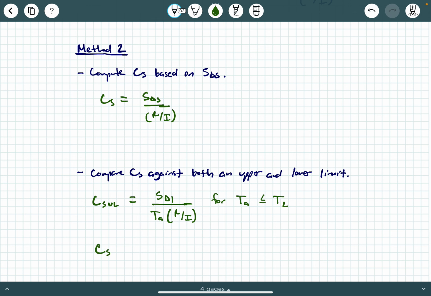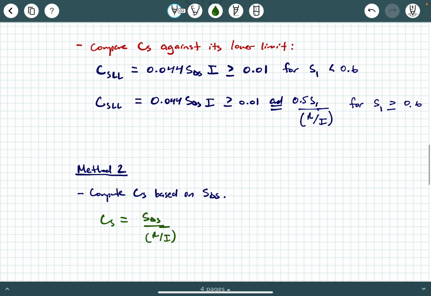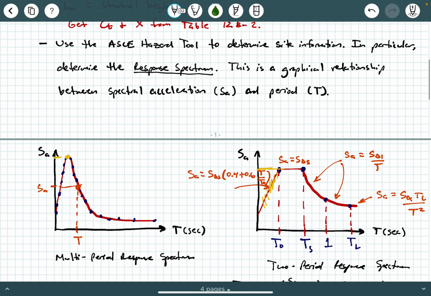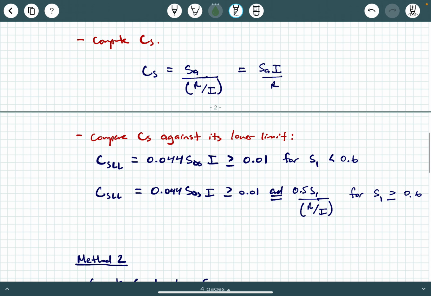And then C sub S upper limit is going to be SD1 times TL over TA squared times R over I for TA bigger than the long period. Okay. Now, these equations should look kind of familiar. They are pretty much the same thing that I sketched back up here on this two-period response spectrum in orange. All right. They're all connected together.